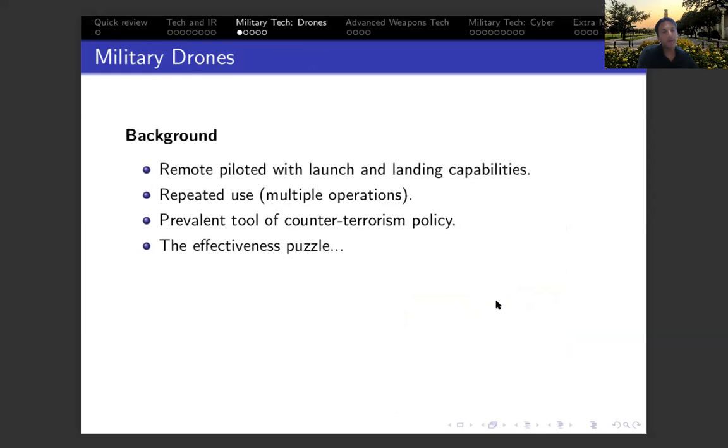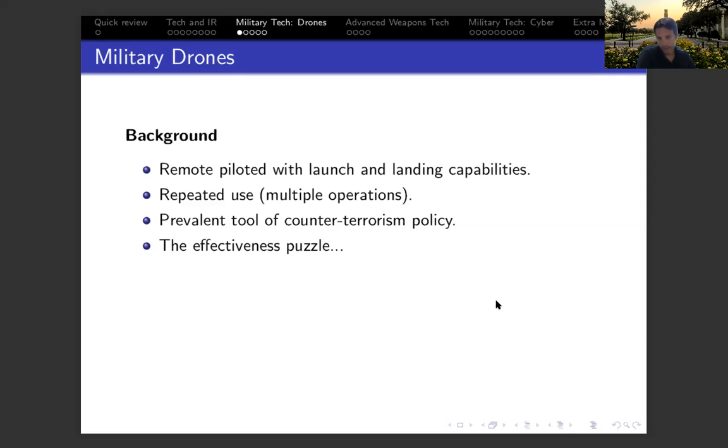It's the most prominent type of technology being studied by researchers in foreign policy, in IR, in the military sense. It discusses remote piloted vehicles, which have both launch and landing capabilities. An important characteristic of those tools is the ability to use them for multiple types of operation, what's called repeated use. It's a prevalent tool of counterterrorism policy for many countries.